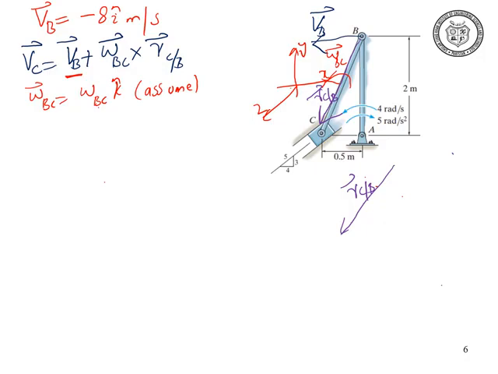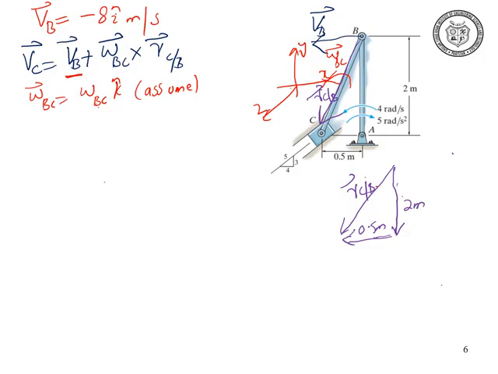Now in the question it is given that this is 2 meter, and this one is 0.5 meter. So you can simply resolve this into the two components. One component has a value of 2, and the other component has a value of 0.5.